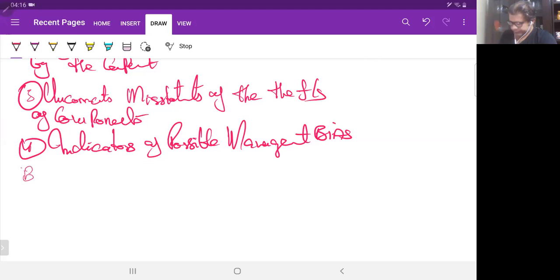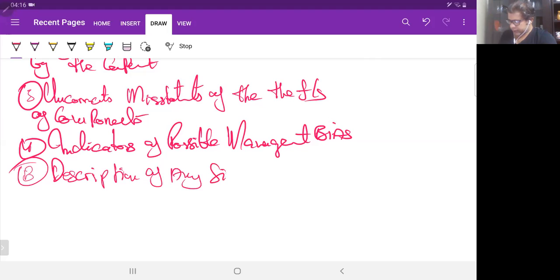Description of any significant deficiencies identified in internal controls.